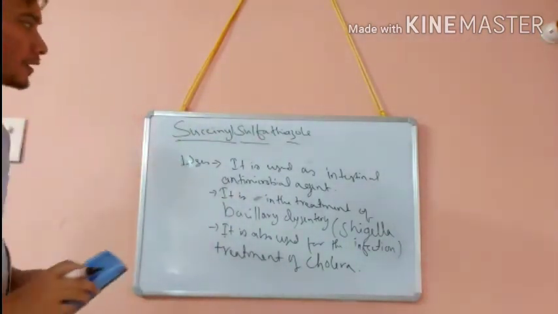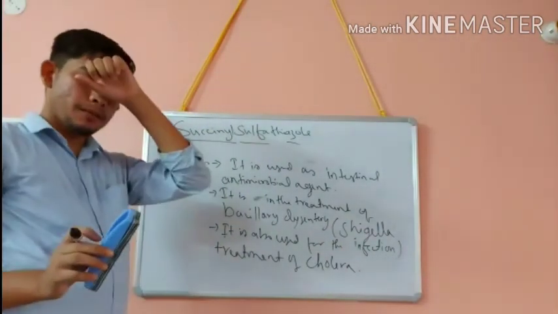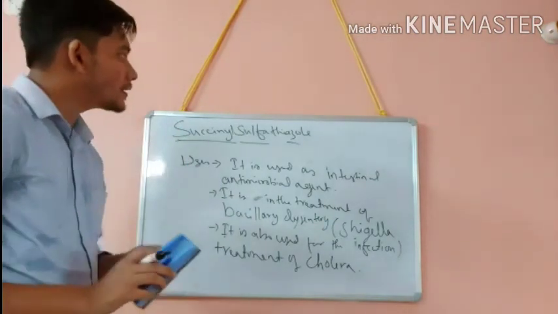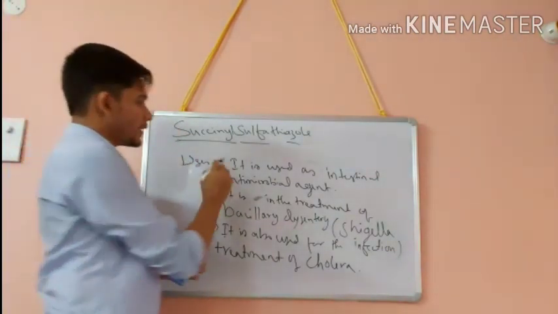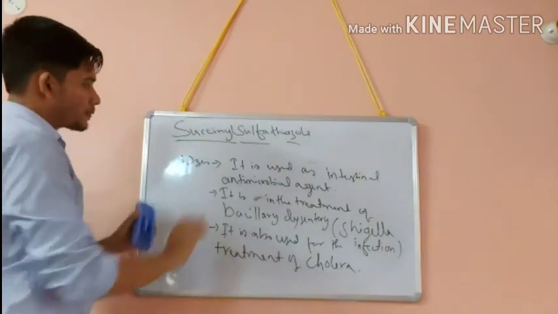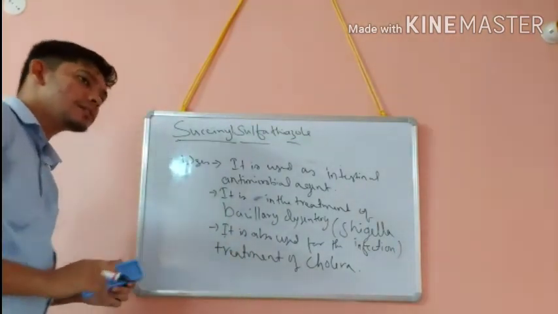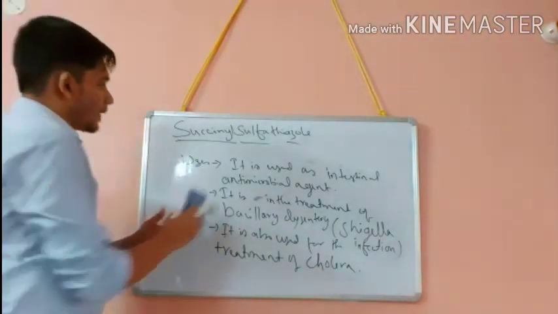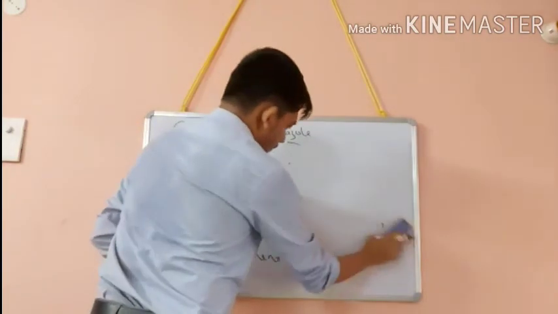Okay, just remember, maximum of the sulfonamide compounds have the same uses. Almost the same type of uses you will get, and the properties are also almost the same. Okay, so next we will see about the formulations.